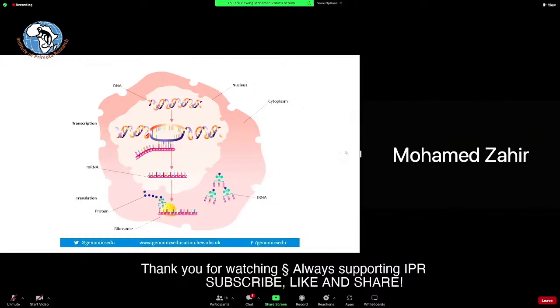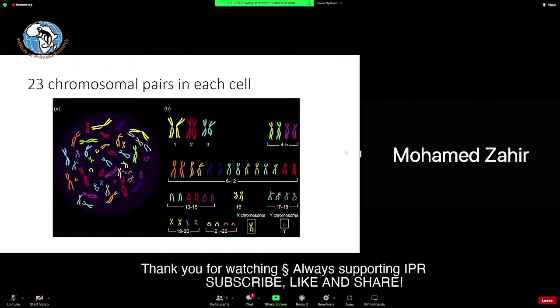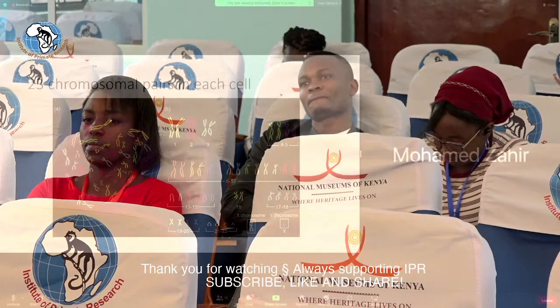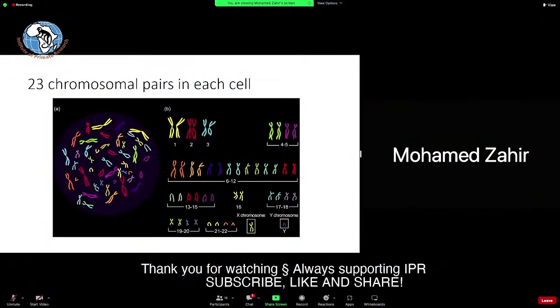In the subsequent slide, all of us are a product of our parents, our mothers and our fathers, and obviously we have 23 chromosomal pairs in each cell. What you'll appreciate in this picture is a colored karyotype looking at different chromosomal numbers, including the X chromosome and the Y chromosome, which are sex chromosomes.